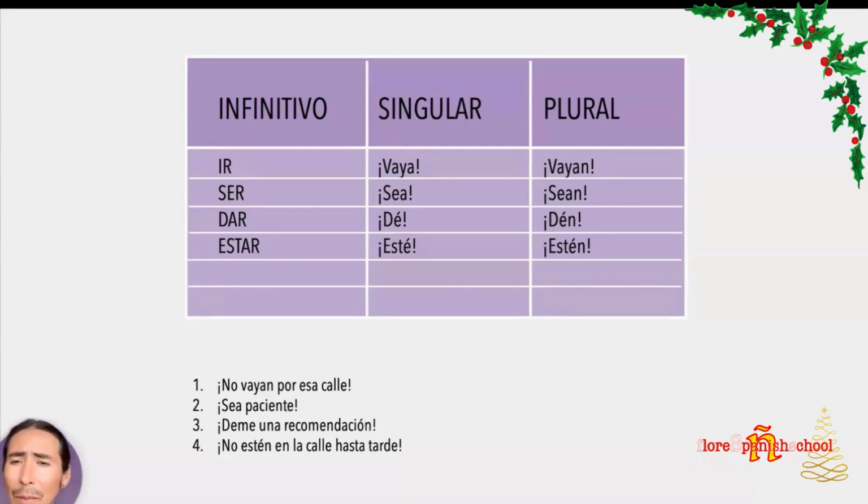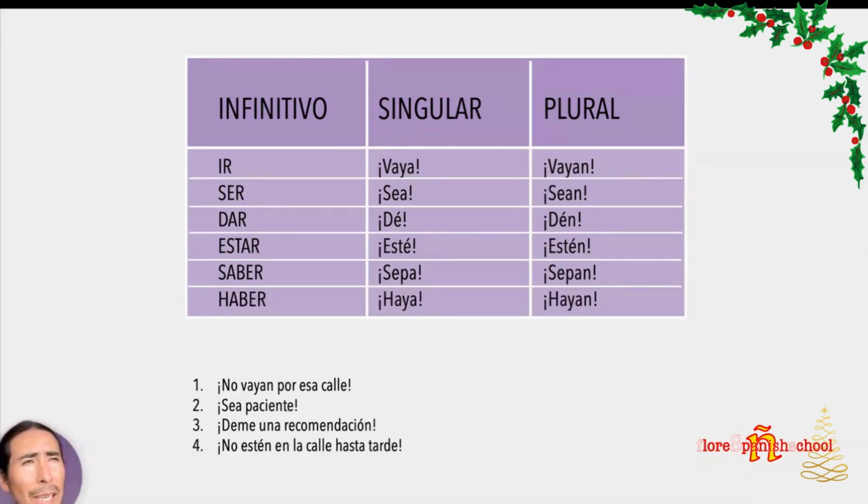And verbo saber. Oh, this is more tricky because the command is sepa and sepan. I had so many students that were doing many examples with that, like sepa la verdad. Of course, could be. But at the same time, the reason that we have the command of verbo saber, and actually another verb as well, verbo haber, that is haya, hayan.